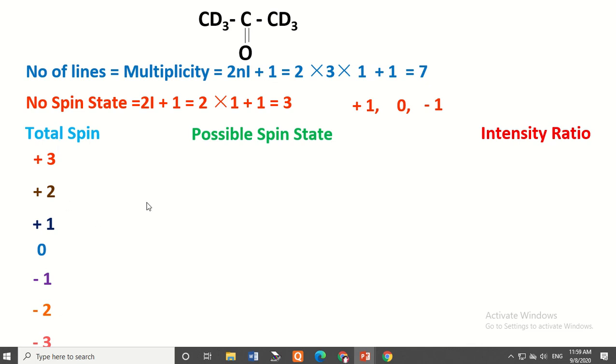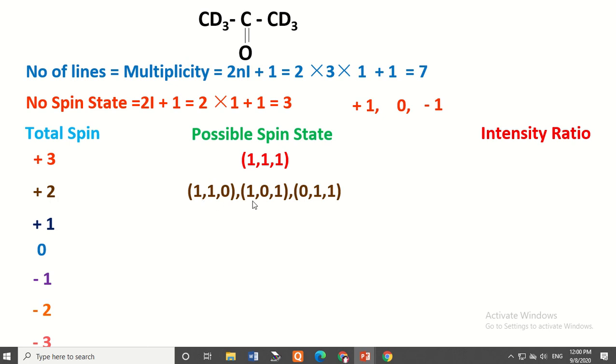Now, how do we determine the possible spin states? In this compound, 3 deuterium nuclei are attached to and coupled with the carbon. Therefore, in the bracket, consider 3 spins for plus 3. Consider plus 1, plus 1, plus 1, which gives plus 3. This possibility occurs only 1 time. Now, for plus 2, the possible spin states are 1 plus 1 plus 0, which gives plus 2.